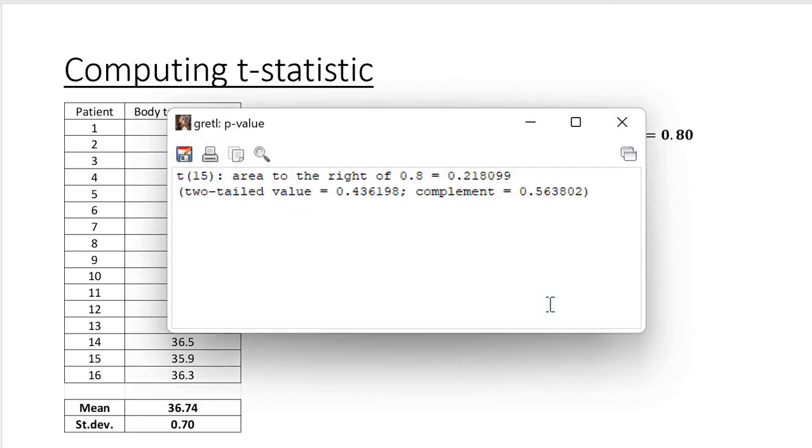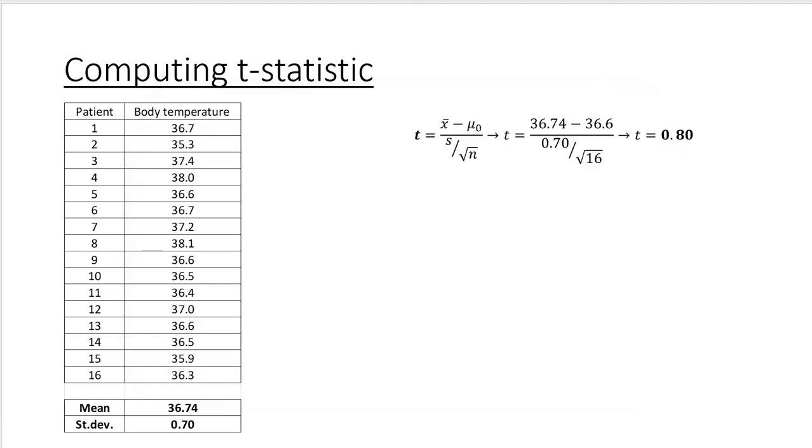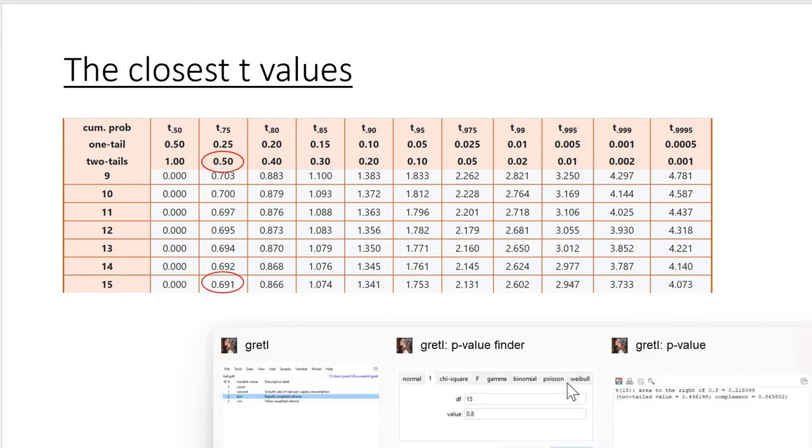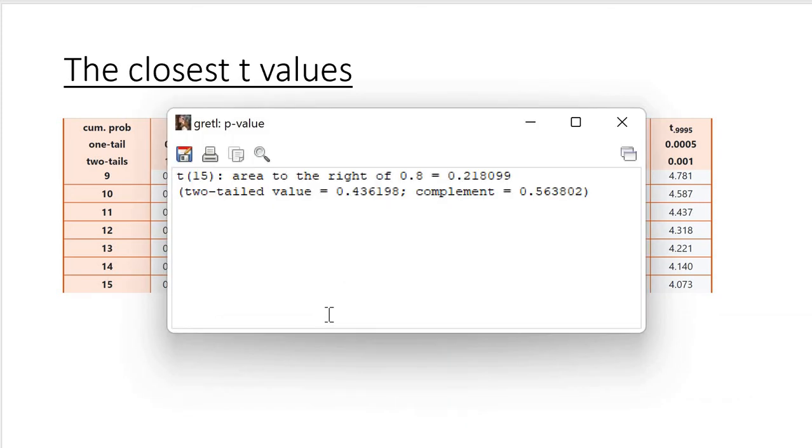So here we are. So for two-tailed test, the p-value is approximately 0.44, which makes sense because we reported 0.5, and just to stay on the safer side, we took the smaller value. So here everything perfectly coincides with the result of our analysis.